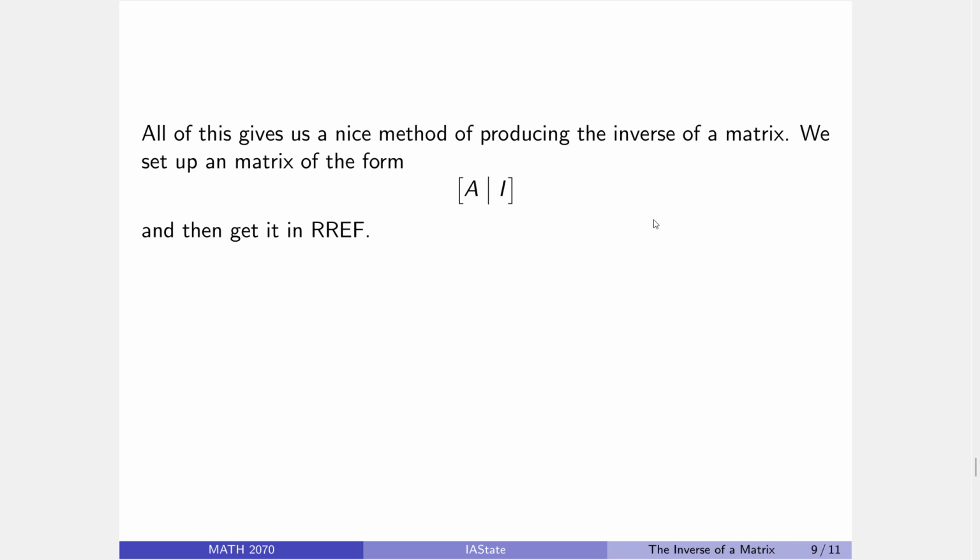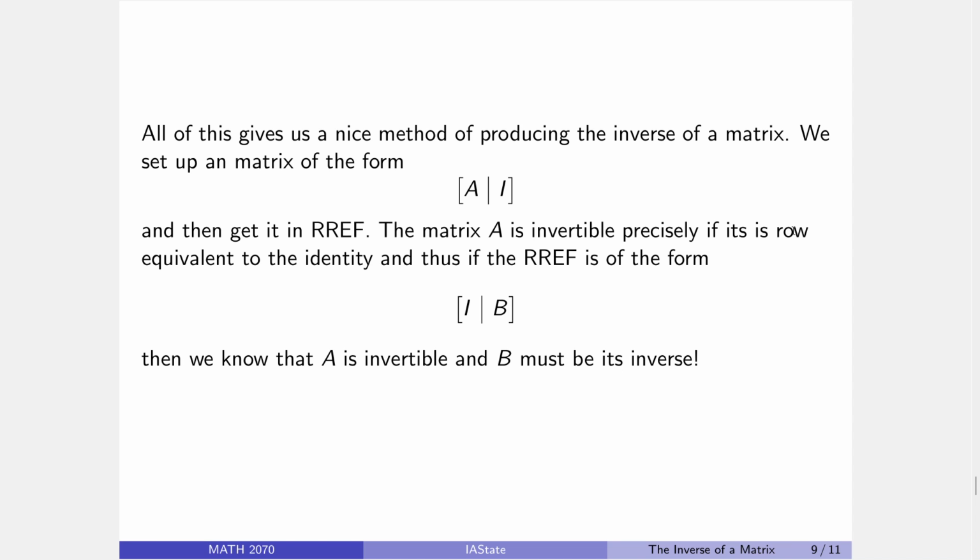so if I want to actually produce the inverse of a matrix, we set up a matrix where we have the matrix A on the left and the identity matrix on the right. We then perform all of the row operations that turn A into the identity matrix on the left, and all of the row operations being applied to I are going to turn I into some matrix.